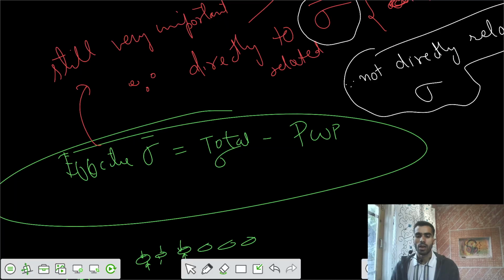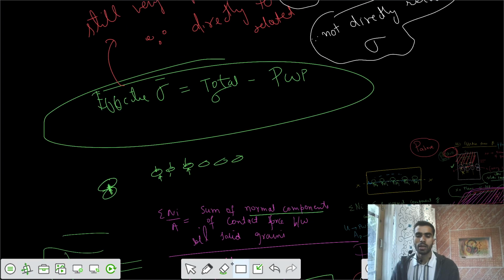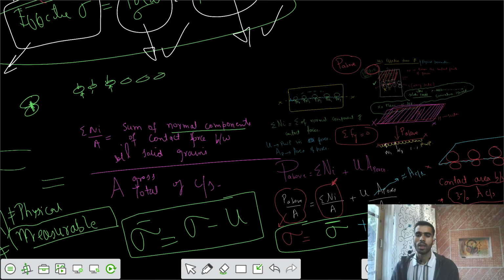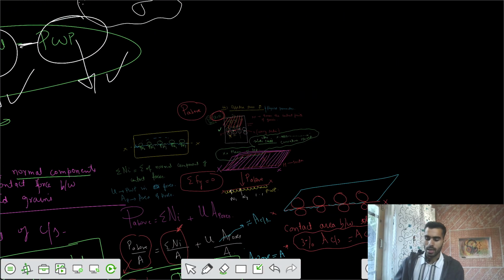Even though we can't measure it directly, we can get it from the difference of these two, since each of them is measurable. So that's all about total stress, pore water pressure, and effective stress in your soil mass.